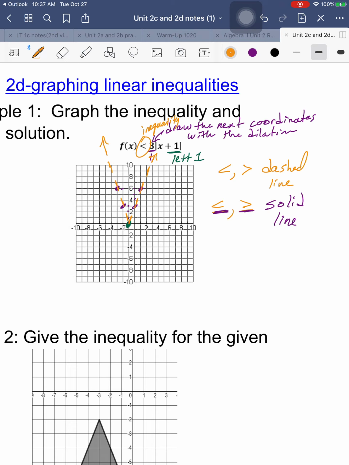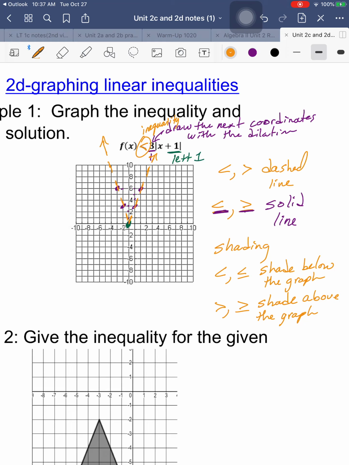The next thing is we need to shade. So shading. If it is less than or equal to, shade below the graph or underneath it. If it's greater than or equal to, shade above the graph.